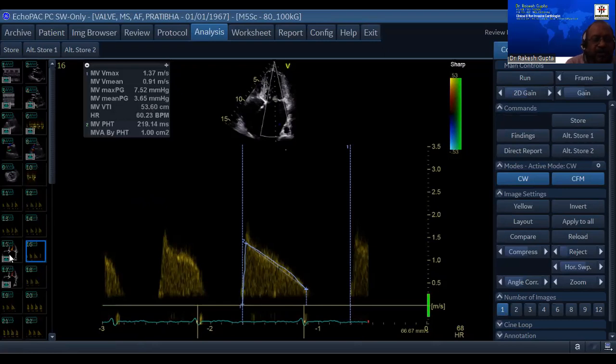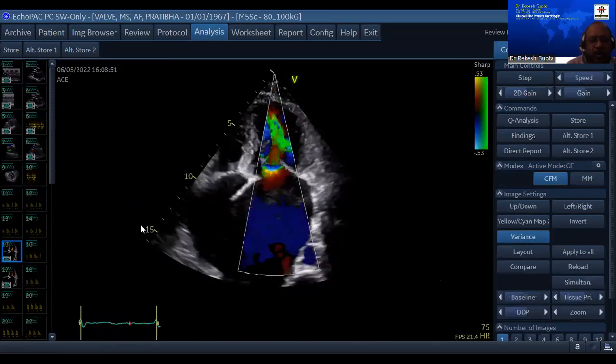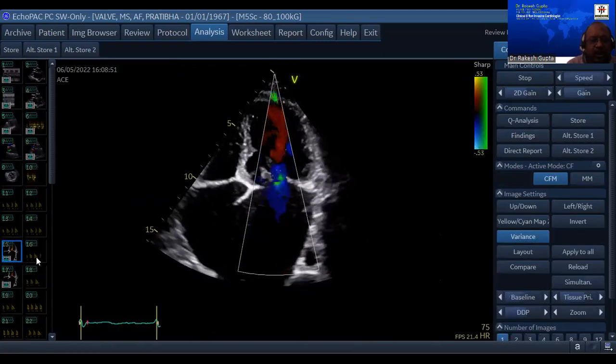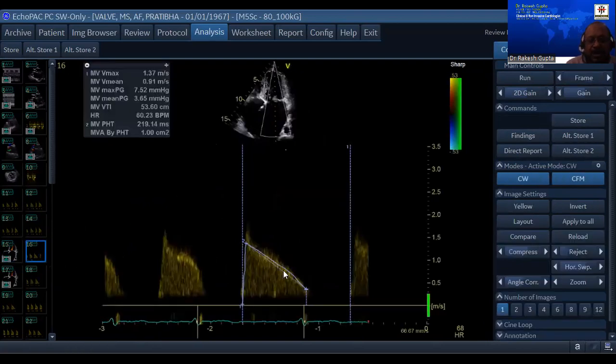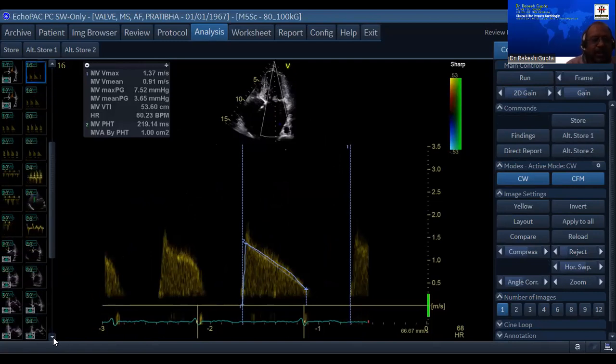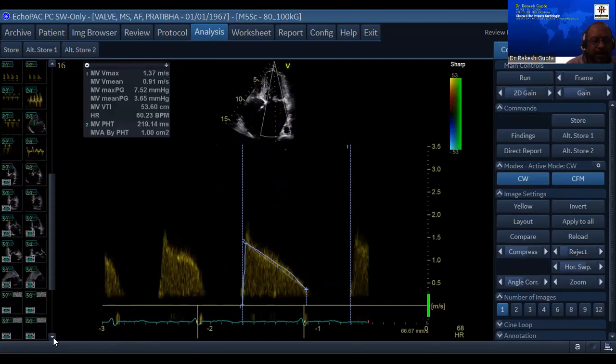So we look at the flow velocity across this mitral valve, put a continuous wave Doppler across it, and then we evaluate the Doppler flow pattern, trace it to get peak and mean gradients as well as mitral valve area by pressure half time. To correlate this mitral valve area with pressure half time, we go to planimetry in parasternal short axis view at papillary muscles going towards mitral valve.